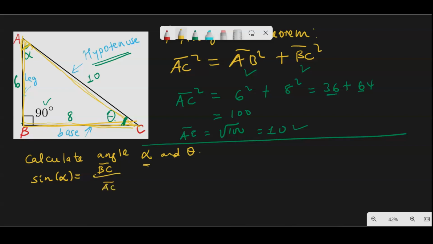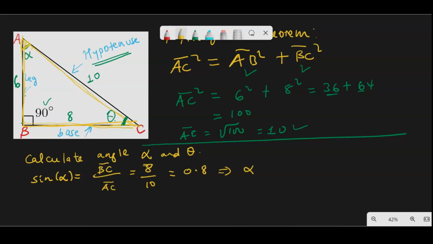We know BC is given, which is 8 units, divided by the hypotenuse, which is 10. That means 0.8.